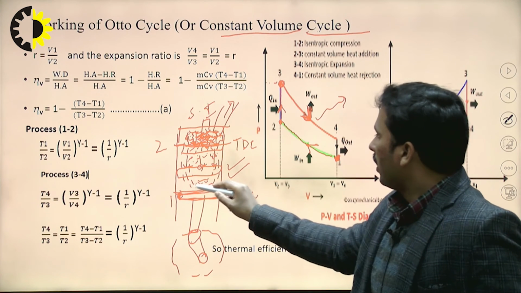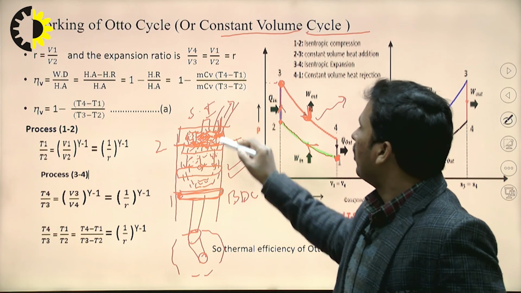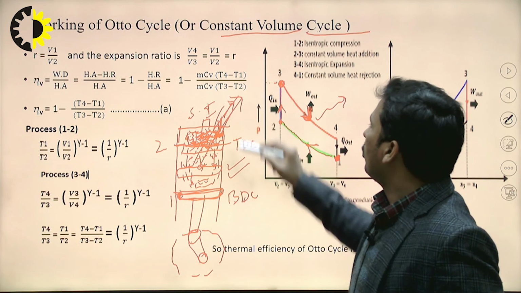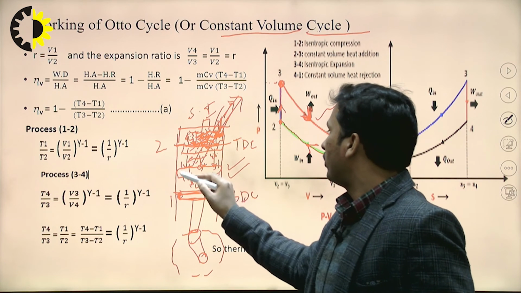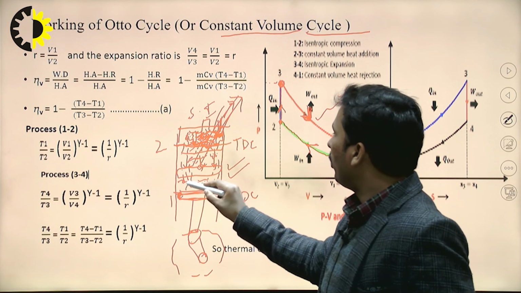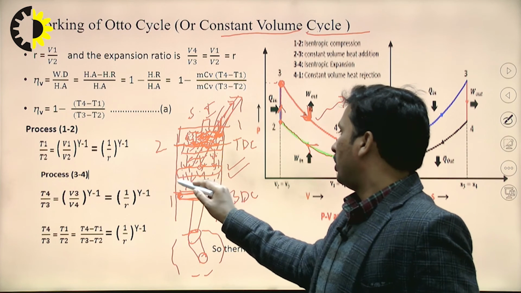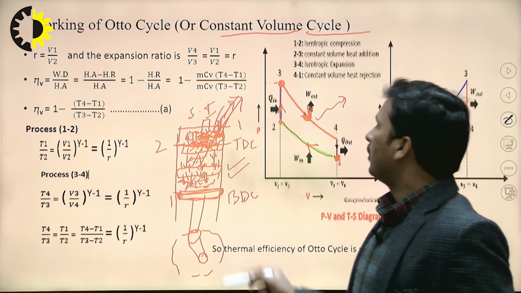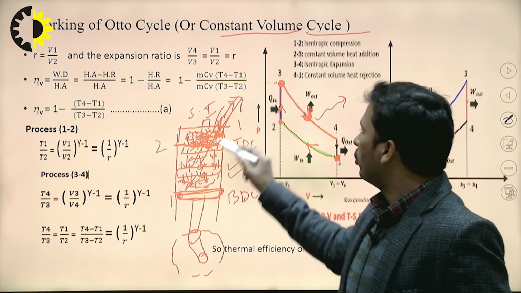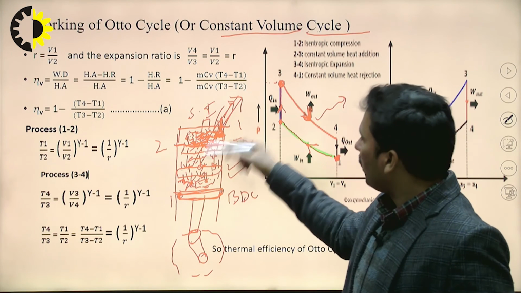If we open the exhaust valve, the exhaust gases will automatically go out to the atmosphere because the pressure of the exhaust gases is very high. Generally, the pressure of the exhaust gases is 3 to 4 times the atmospheric pressure, so 3 atmosphere to 4 atmosphere. So, if we open the exhaust valve, the exhaust gases automatically go out to the atmosphere due to the pressure difference.